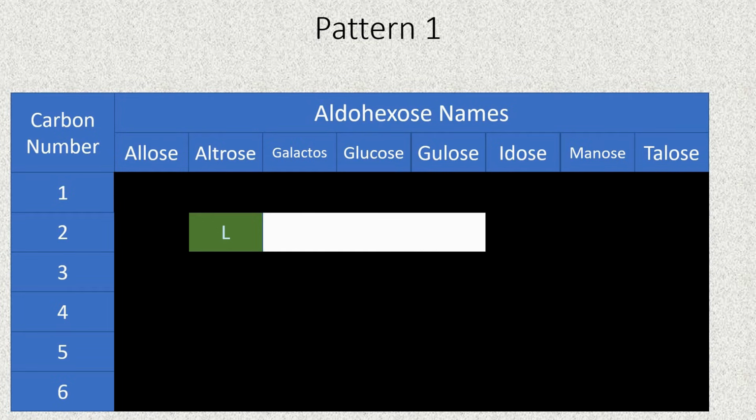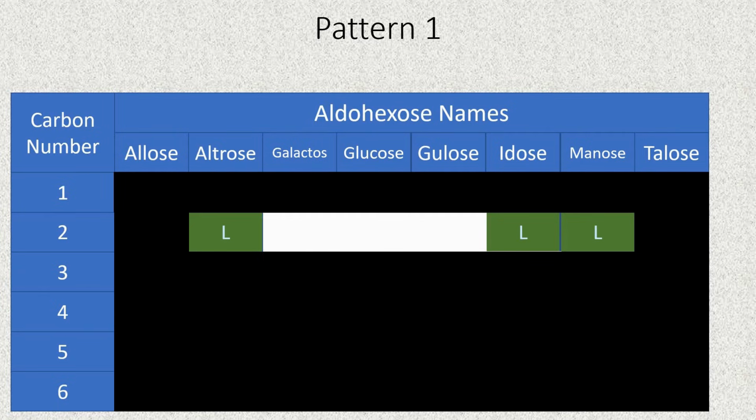Then we will have double L, so L and L. It means that idose and mannose both have hydroxyl groups on the second carbon on the left side. This is the pattern that will be repeated for carbon number 3 and carbon number 4 as well. So what is the pattern? The pattern is L, blank spaces, and then double L.